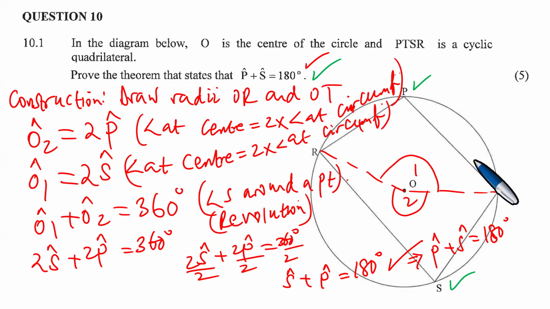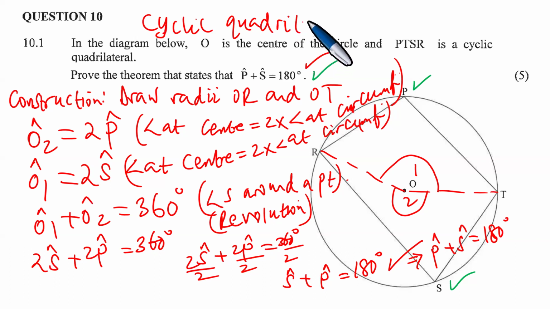But now you must be able to prove that if you have a cyclic quad, what is a cyclic quad? A cyclic quadrilateral means a four-sided shape whose vertices lie on the circumference of a circle.